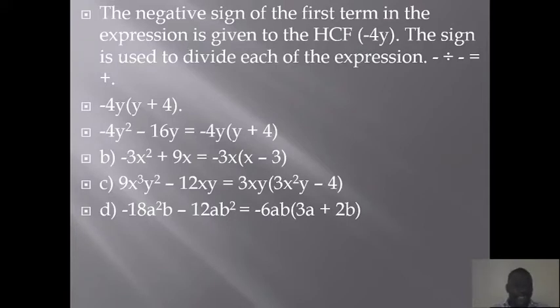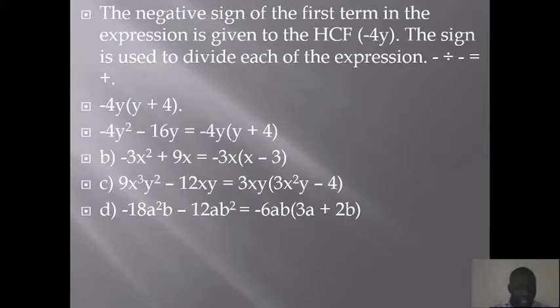So if our HCF is minus 3x, we are going to use this minus sign to divide the minus assigned to 3x squared and the positive sign assigned to 9x. So minus divided by minus is plus. So the final result of 3x squared divided by the HCF will give you x.